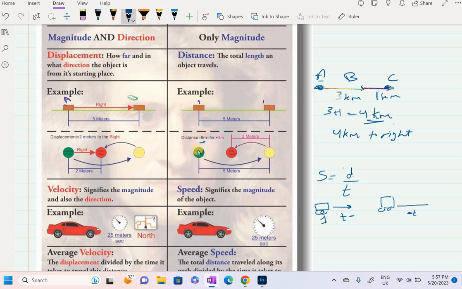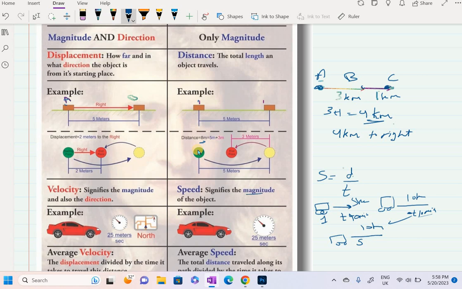If the first car goes 5 kilometers in 10 minutes, then this car is faster if it goes 10 kilometers per 10 minutes. Or the faster car can go the same distance, 10 kilometers, in less time, less than 10, maybe 5 or whatever the number. So less time for the same distance. Okay, this is the speed.